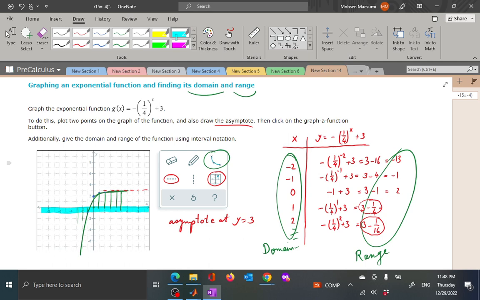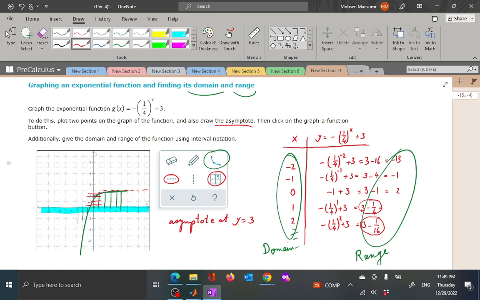How about the range? Well, the range is a different story. We see that we are always subtracting something from 3, so all the numbers that are below 3 are covered in the range. Here's another way of describing what the range is. What values of y show up? So for example, this shows up, this shows up.